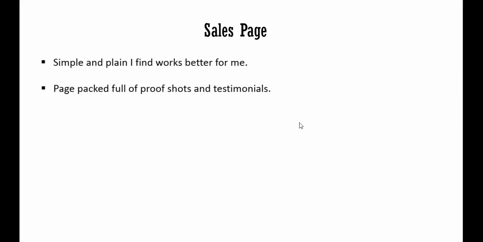So, a page packed full of proof shots and testimonials. Can't emphasize this enough. This is one of the most important aspects, social proof, showing that this method works, that it is doing what it claims or what you claim it to do. So if your product claims that you can lose 14 pounds in 2 weeks, show proof shots, show before and after pictures, show the diet.